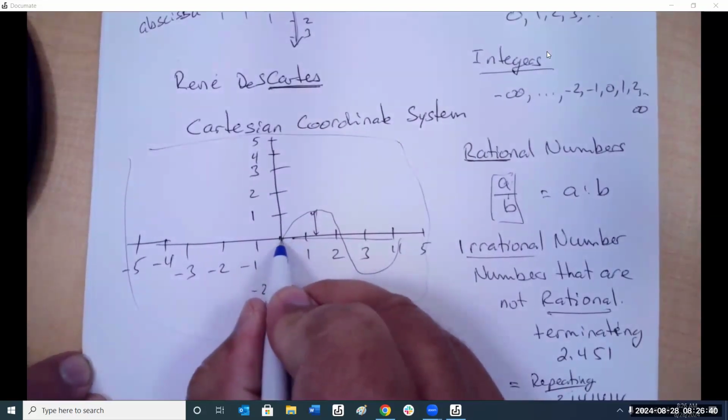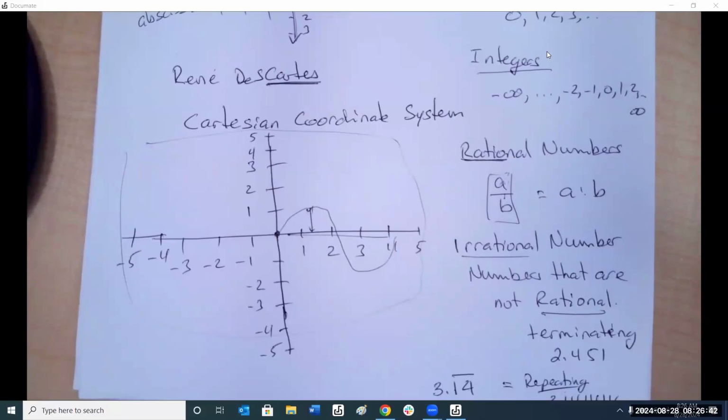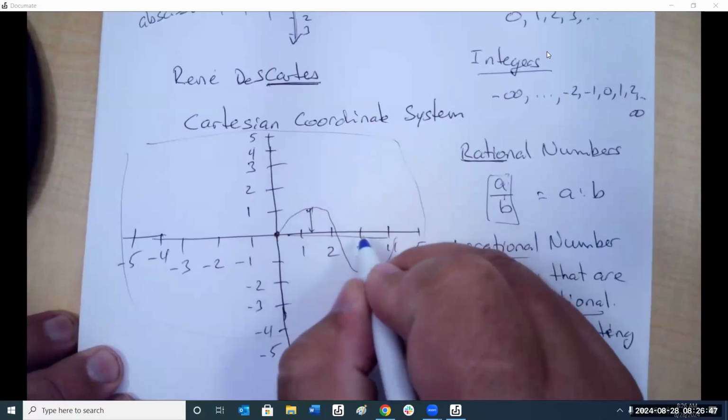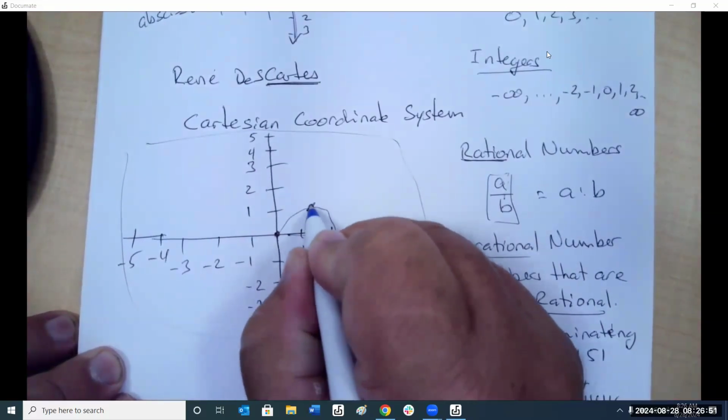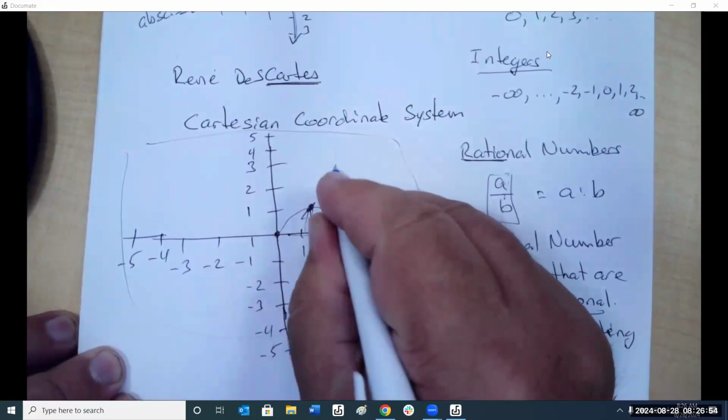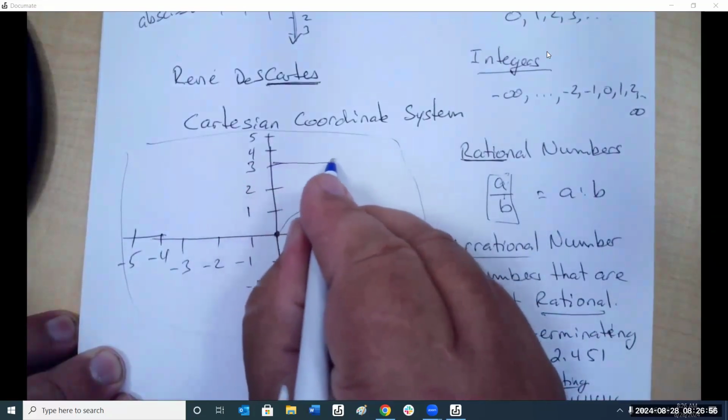So now when Descartes does this, we have to call that middle point something. We'll figure that out in a second. But he said, okay, let's look at this point here. Oops, not that point, that's off the line. Let's say I'm at 2 here. My spider is here.